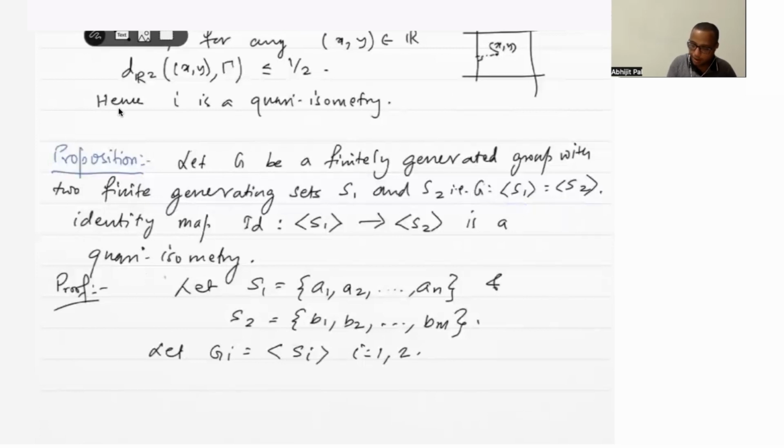Then we have an identity map from the group generated by S1 to the group generated by S2, and this identity map is in fact a quasi-isometry. So this identity map will induce a quasi-isometry on the Cayley graphs.